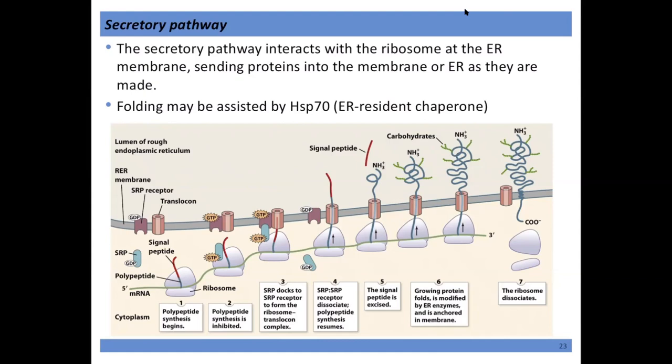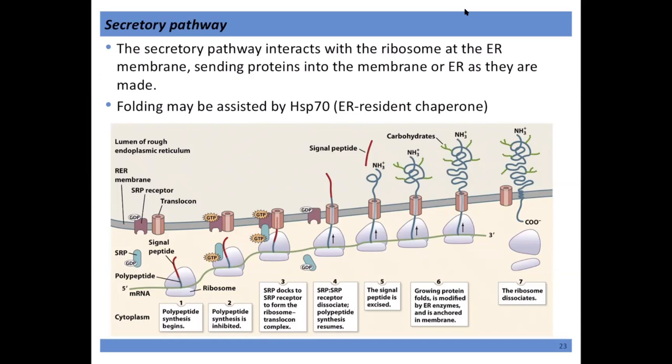And then that will cause the ribosome to dock, and you've got this SRP receptor, the signal recognition particle receptor, that also has a GTP bound, and that recognizes the signal recognition particle.